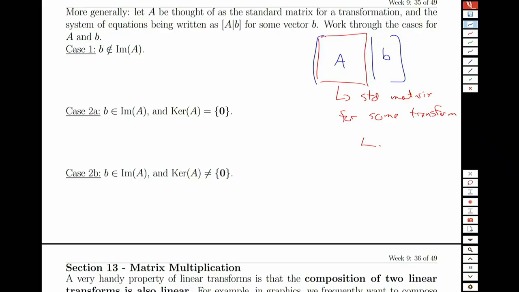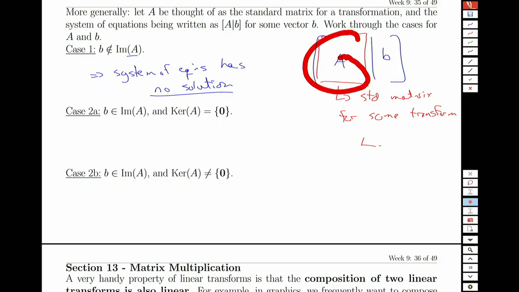So in this case, if B is not in the image of A, then the system of equations has no solution. I literally cannot make this right-hand side vector by transforming the columns of the left-hand side. I can't reach it. It's not part of the image. And the consequence is that there's no solution.